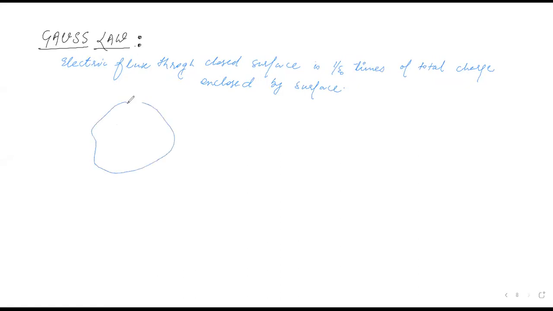Suppose that you have a charge like this. This charge is enclosed by this surface. Then the flux is the integration of E dot ds, which is equal to Q enclosed over epsilon naught. Note it down, please.